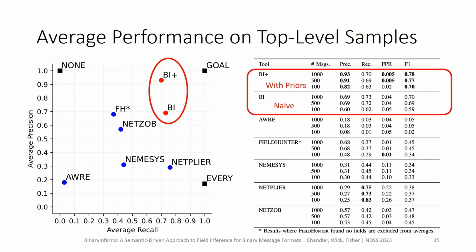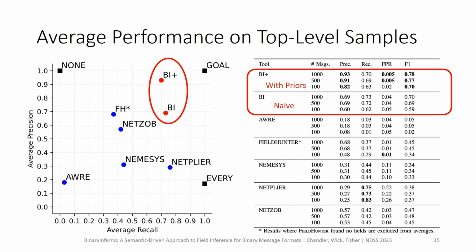As you can see, BinaryInferno and BinaryInferno with priors, indicated as BI+, were significantly closer to that than any other tool. They did much better in this task than any of the other tools we evaluated. We found also that as we added more messages, as you went from a message sample size of 100 messages to 500 messages to 1,000 messages, our performance improved.